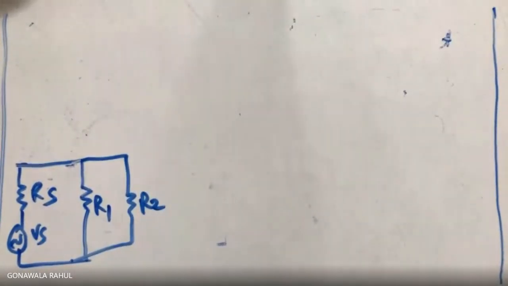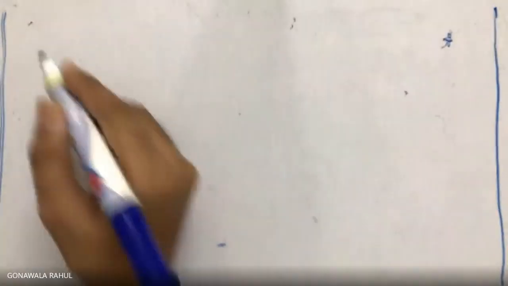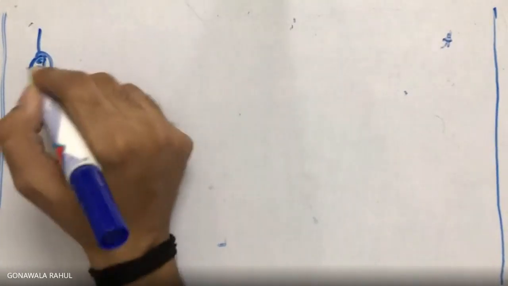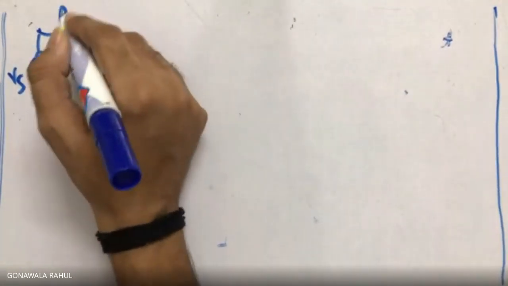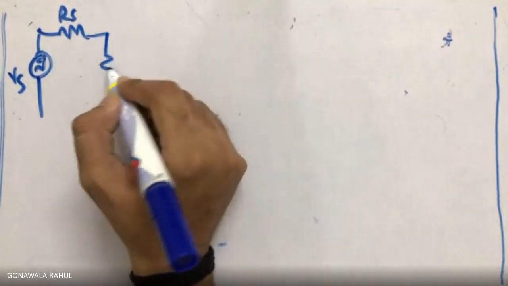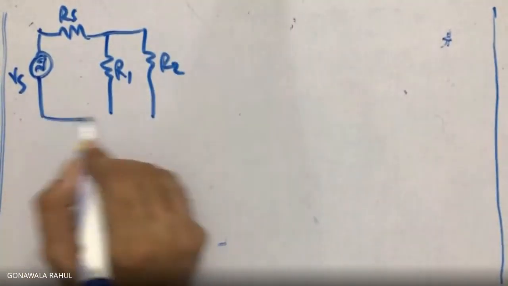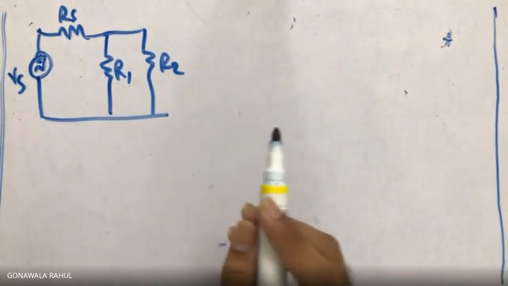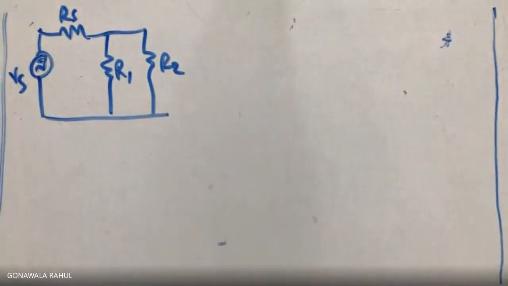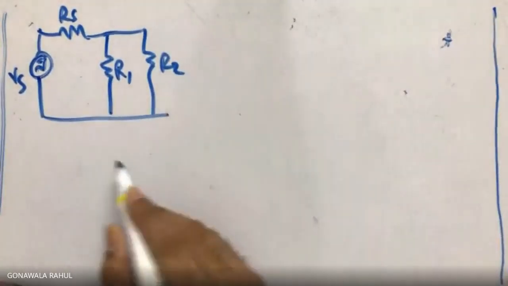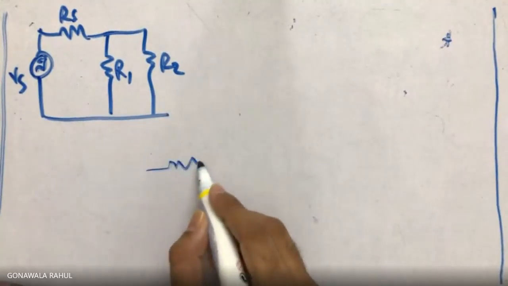Let me redraw it again upside so that I can draw it twice. So we have VS, then we have RS, then we have R1 here, then we have R2 here. These things we had. Then we have the transistor. So I have to draw the transistor equivalent circuit now. The transistor equivalent circuit would be like this.